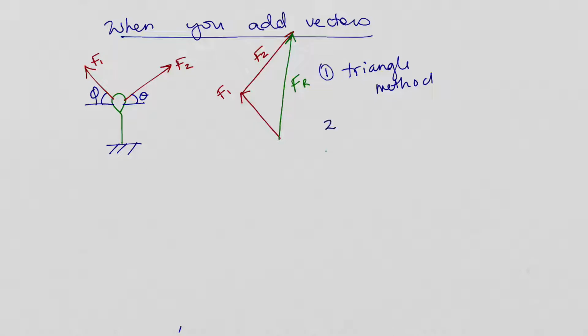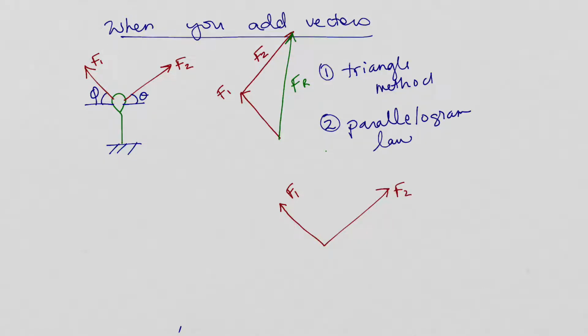Another way is the parallelogram law. Basically with that, we have our F1, and we have F2, which is in that other direction.